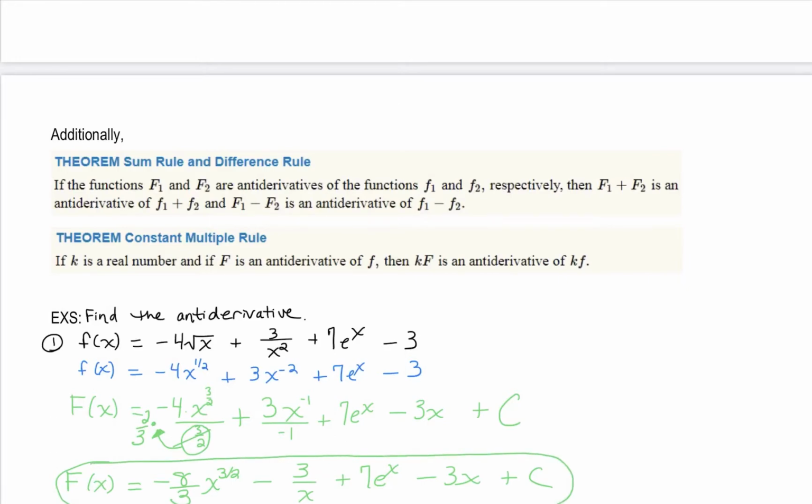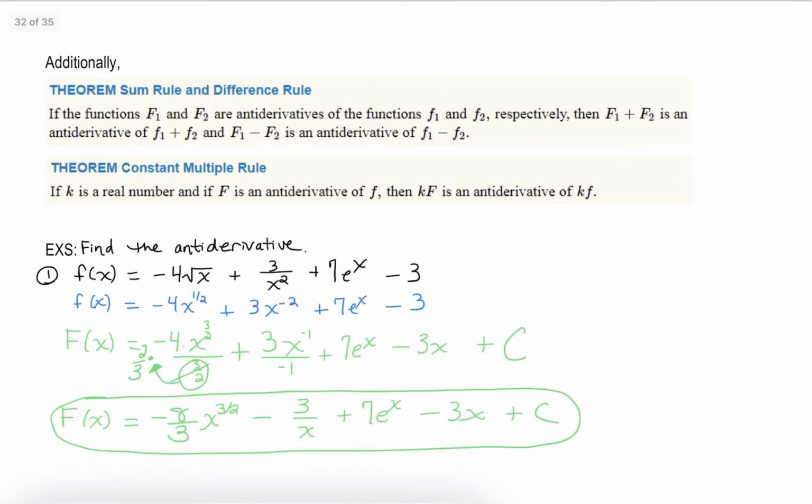Now remember, you could always check these answers by taking their derivatives. Now I won't always be showing these checks, but you always have the ability to do so. So if I bring down the 3/2 power, and I was just going to now take the derivative, so when I do my check, I'm taking capital F prime. So the 3's would reduce, and the 8 divided by 2 would give me negative 4. X to the 3/2 minus 1 would be 1/2.